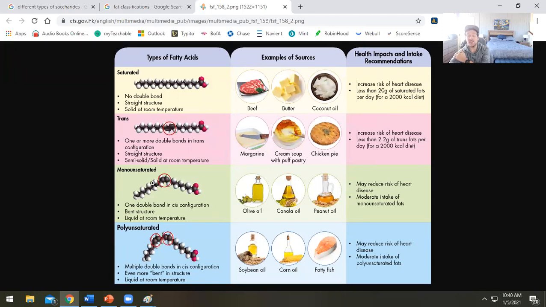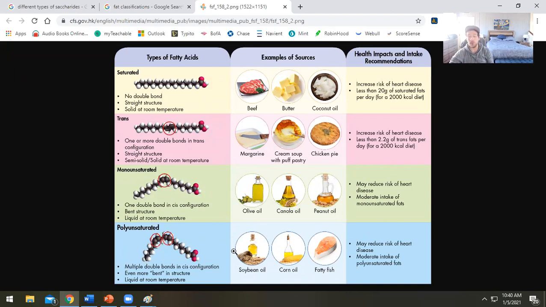We've also got unsaturated fats. Unsaturated fats are liquid at room temperature. So olive oil, canola oil, peanut oil, all of these are monounsaturated fats. And then we've got polyunsaturated fats, which are just like monounsaturated, just a little bit more complex.